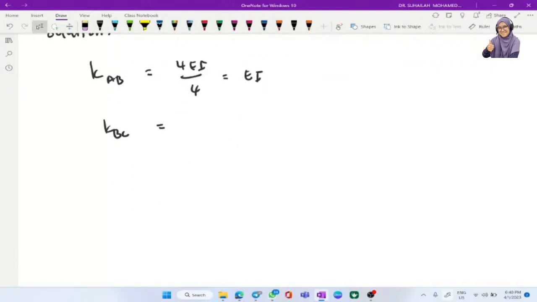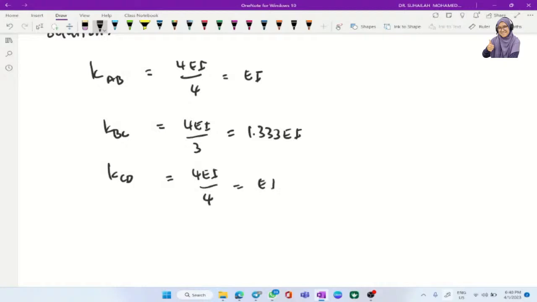KBC is 4EI over 3, so this will be 1.333 EI. And KCD, for member CD, is 4EI over 4 again, so this is equal to EI.